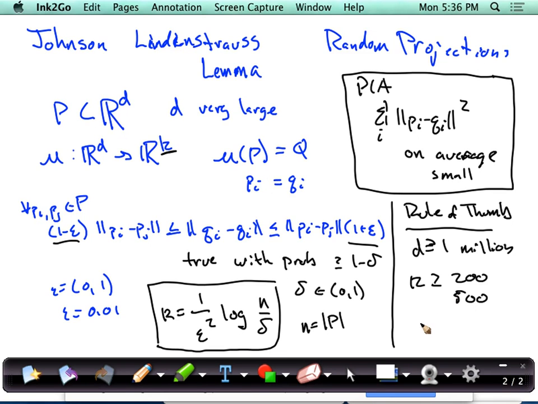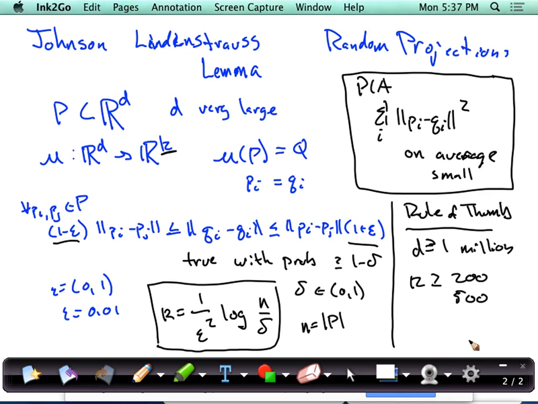People also pipe this into some machine learning algorithm, and it runs faster because they only have 500 dimensions instead of 1 million. This happens when your data points have lots and lots of attributes and you want to combine them together in some way.